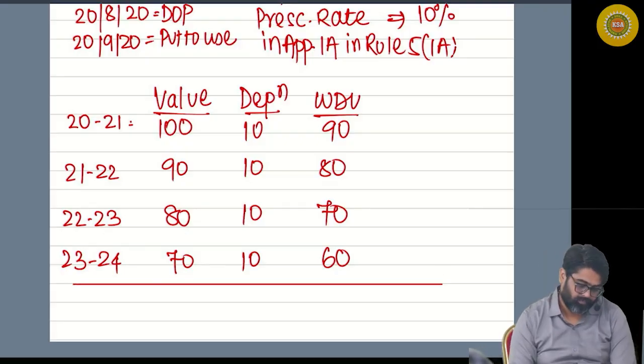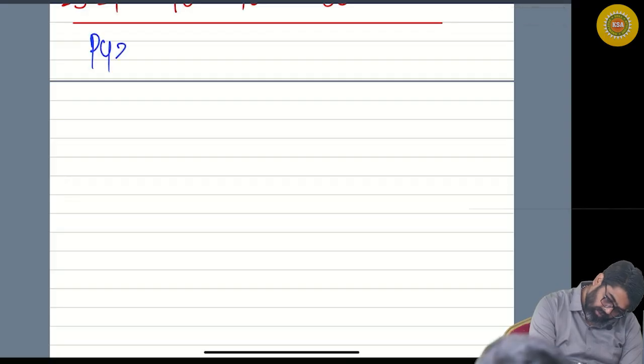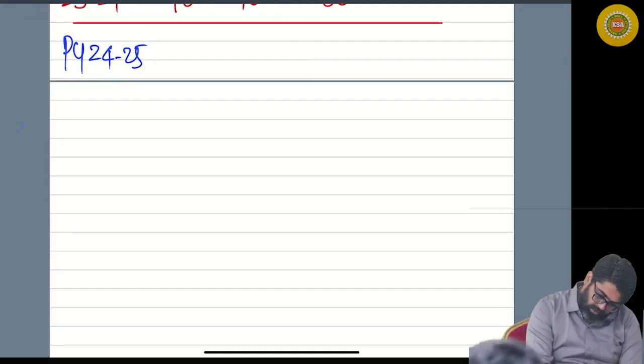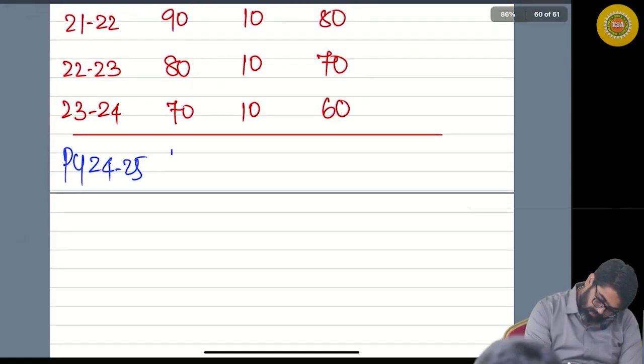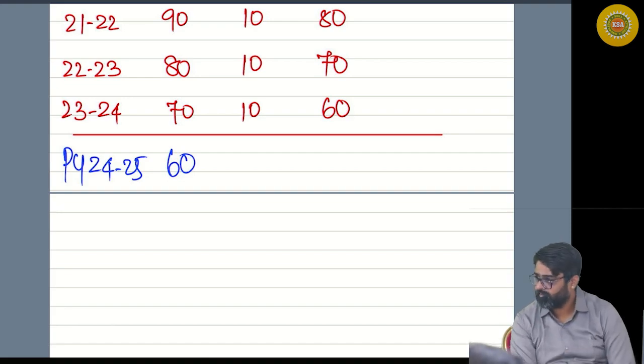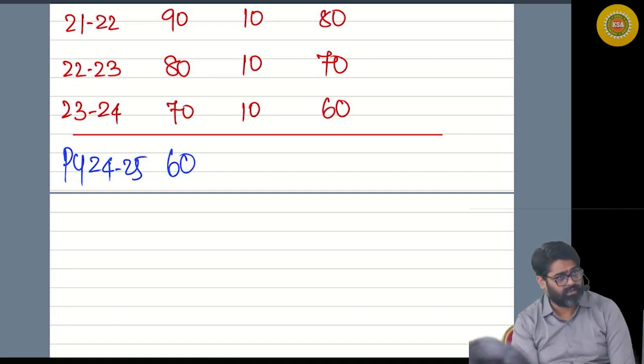Now tell me, what is your previous year? Previous year 24-25. In the previous year 24-25, what is the WDV now? 60. Will you charge depreciation?